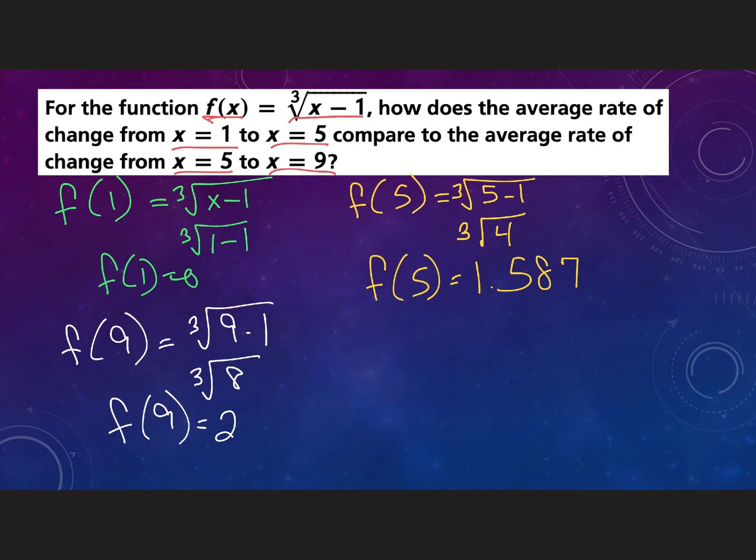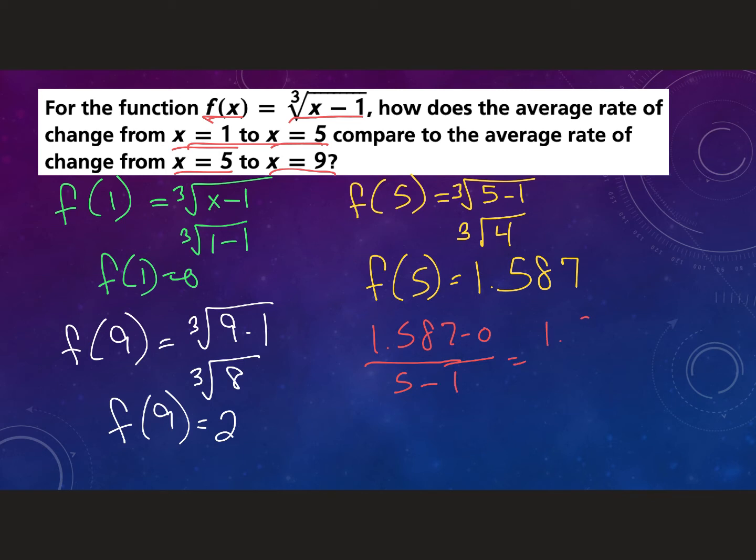Now I need to find the average rate of change. From 1 to 5, the difference in my output is 1.587 minus 0 over 5 minus 1.